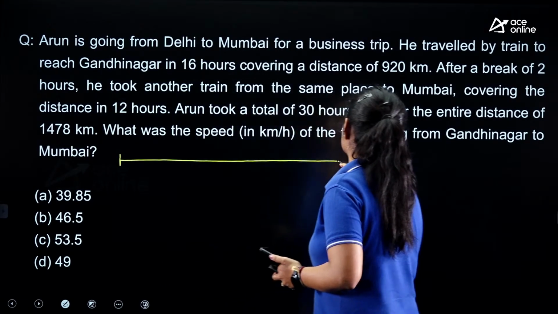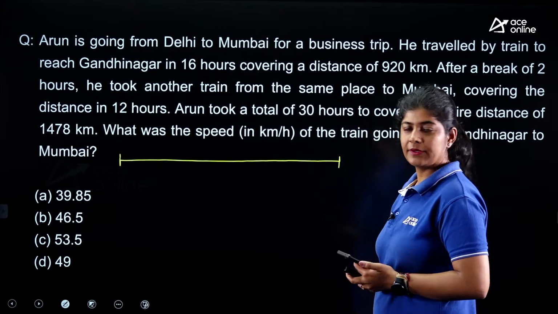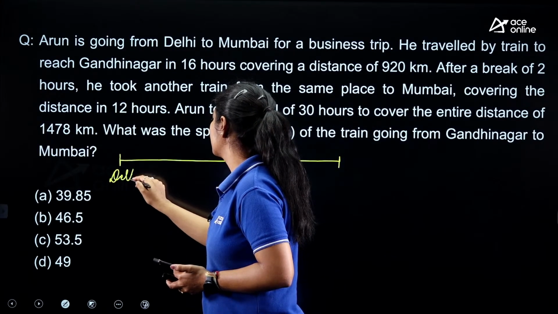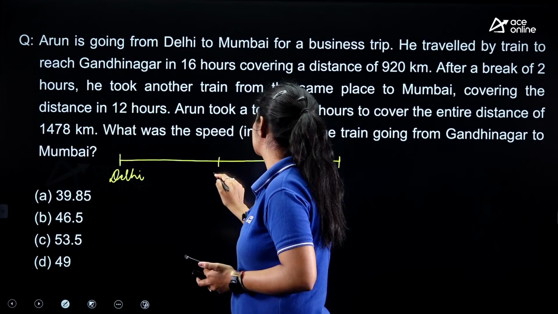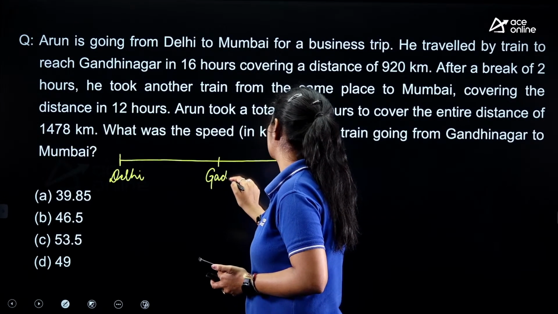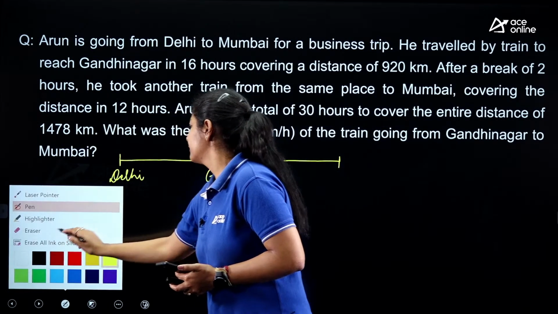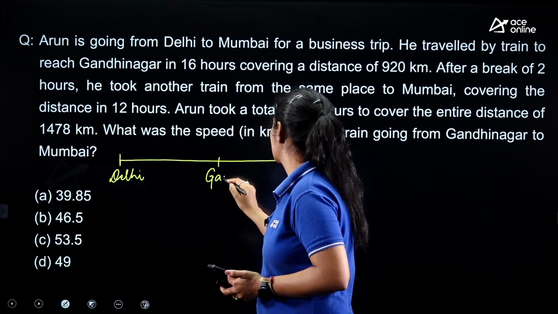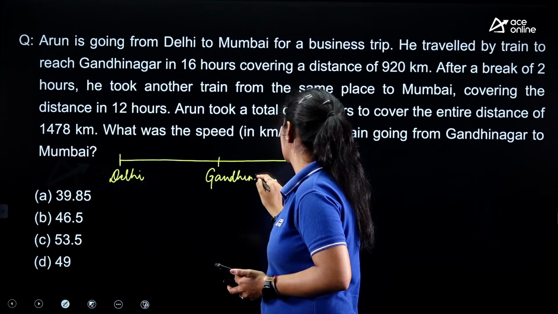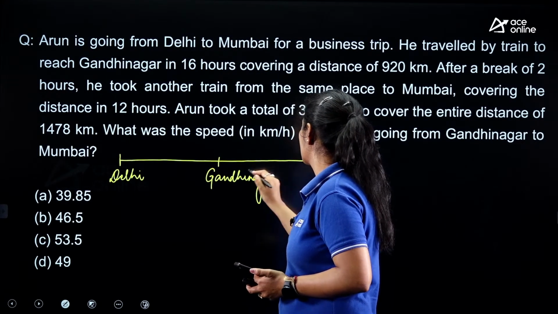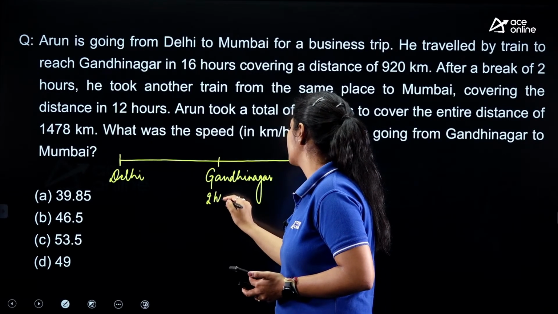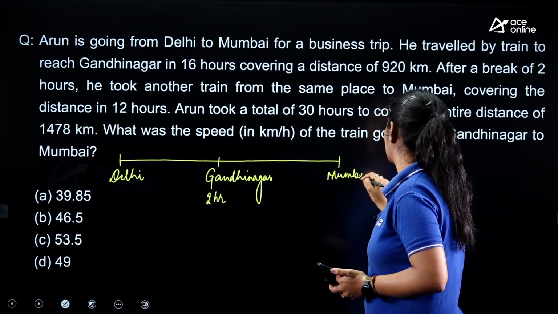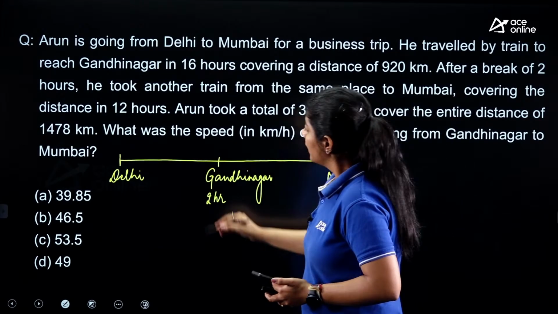So let's suppose this is the total journey made by Arun. He started from Delhi and took a halt in Gandhinagar. There's a 2-hour halt, and after that he reached Mumbai.